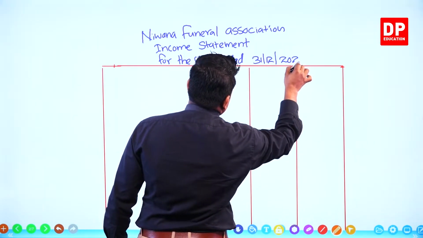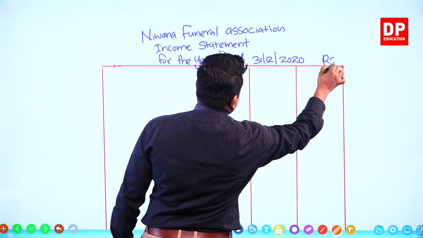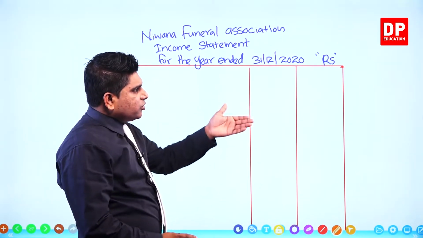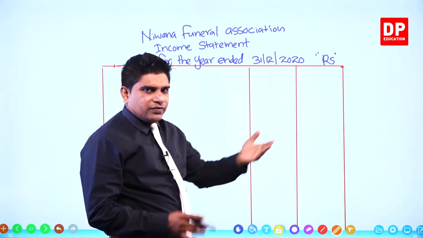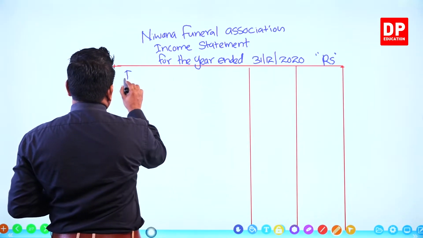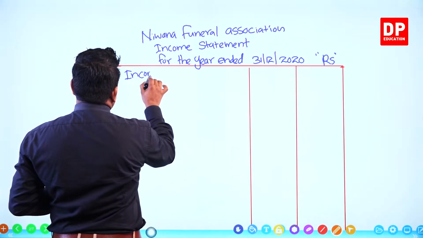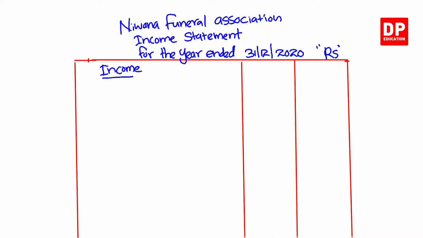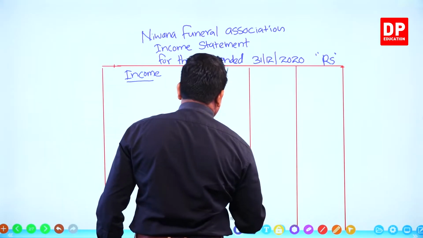You put rupee value like the previous one, but generally we try to understand the question first. On the top, income. Down, what do we write? Expenses. Okay, now we move to the question.